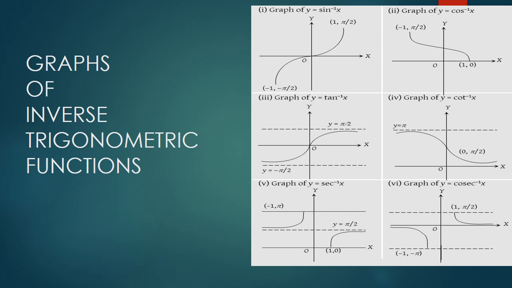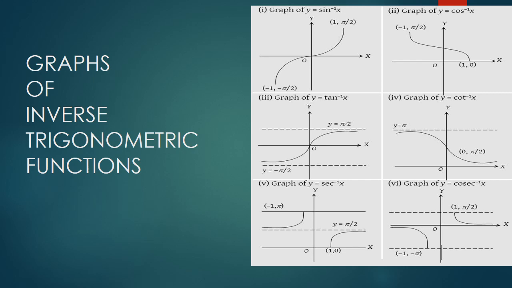Now, these are the graphs of inverse trigonometric functions. First of all, the graph of y is equal to sin inverse x. The graph of sin inverse x lies between -1 to +1 on the x-axis.